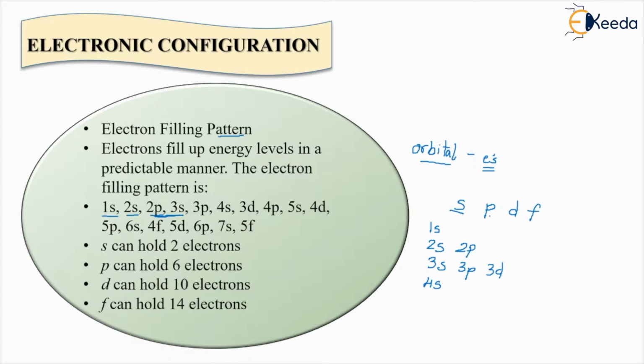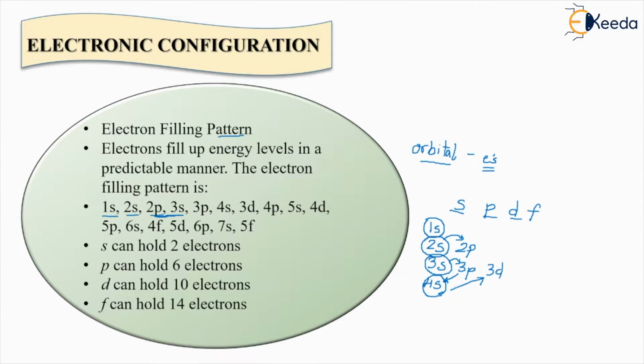Because first we have S, then we have P, and eventually we have D. That means first the electrons will fill in the 1s orbital. After that they will go to the 2s orbital. Then they will go to the 2p orbital. After that they'll go to the 3s orbital. Then they'll go to the 3p orbital. After 3p they'll go to 4s. And once 4s is completely filled, they will go to 3d again. So this is how it goes.